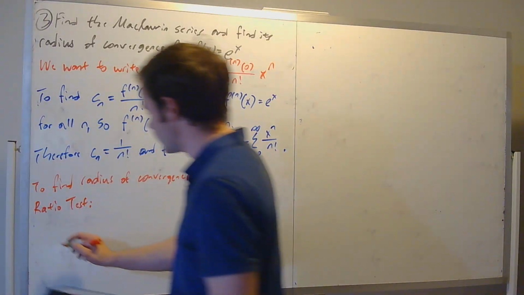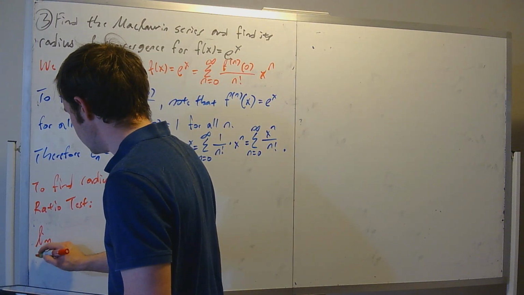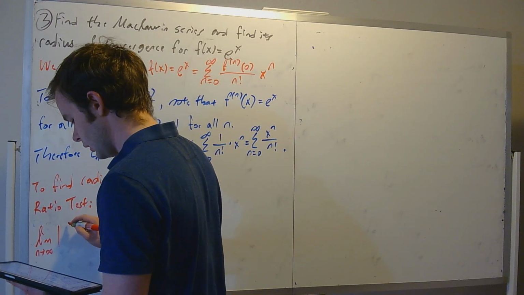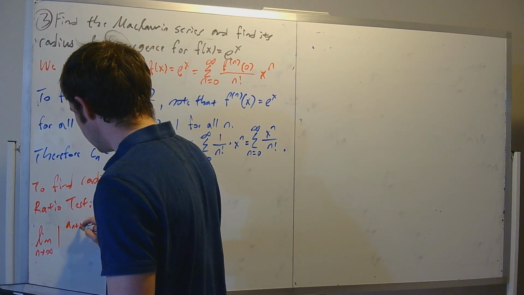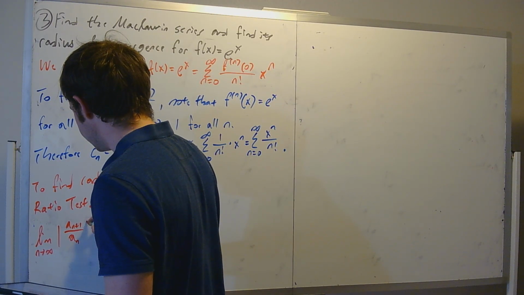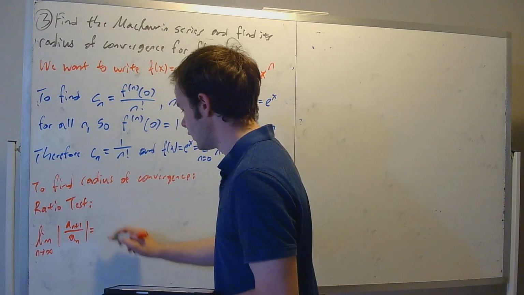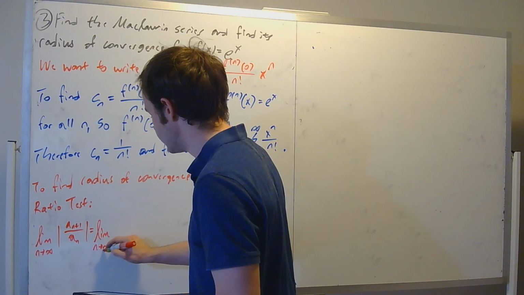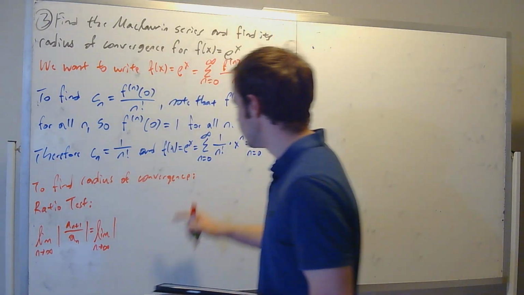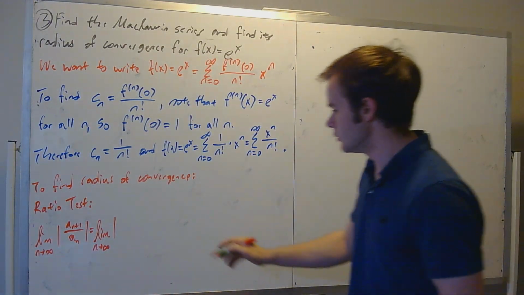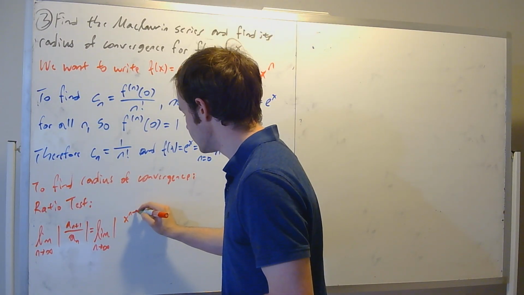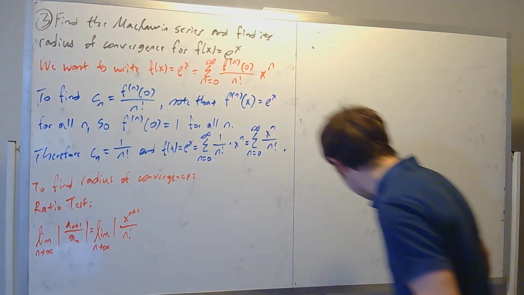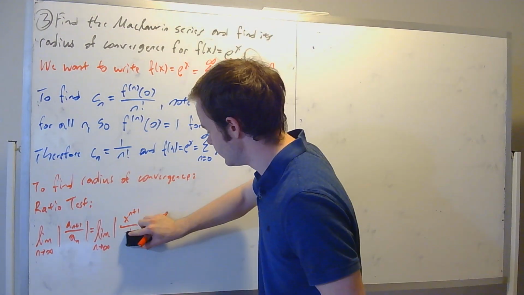So remember, for the ratio test, the thing we're calculating is the limit as n goes to infinity of the absolute value of a_(n+1) over a_n. That's the thing we're trying to calculate. So if we do that, we've got the limit as n goes to infinity of the absolute value of, if you plug in n plus 1 here, you're going to get x to the n plus 1 over (n plus 1) factorial.